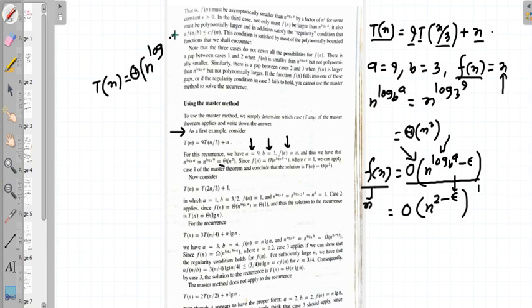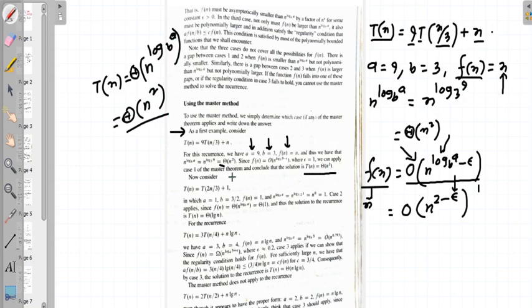Putting in the a and b values, it will be n squared. So T(n) equals theta n squared.